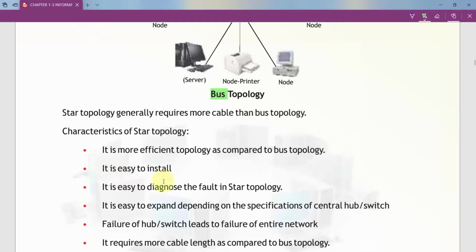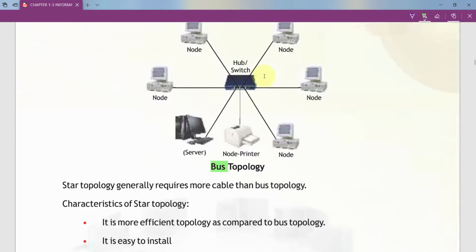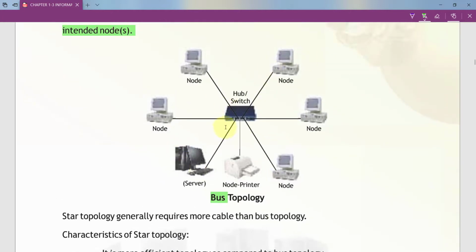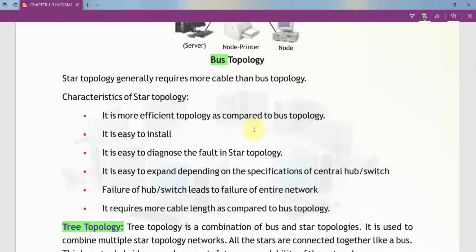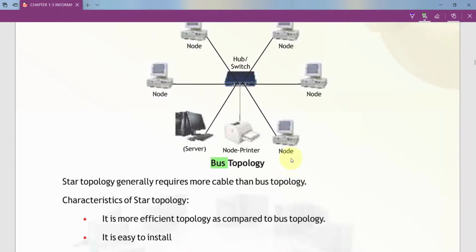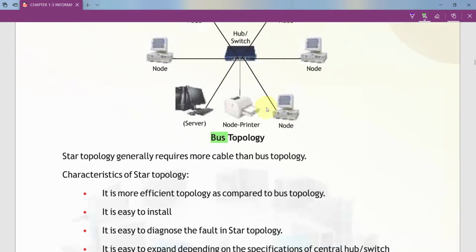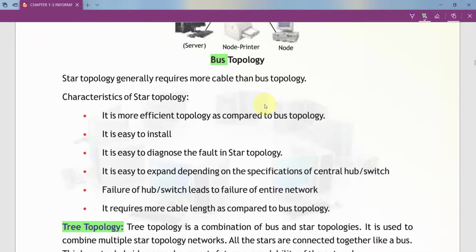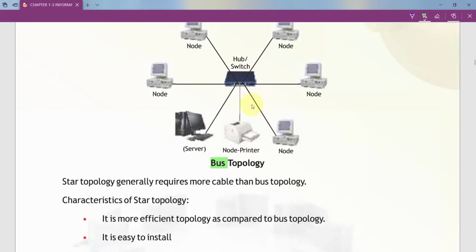Next, it is easy to install, means easily you can configure all the nodes and easily connect them with the network. Next, it is easy to diagnose a fault in a star topology, means we can easily find any fault in this topology.